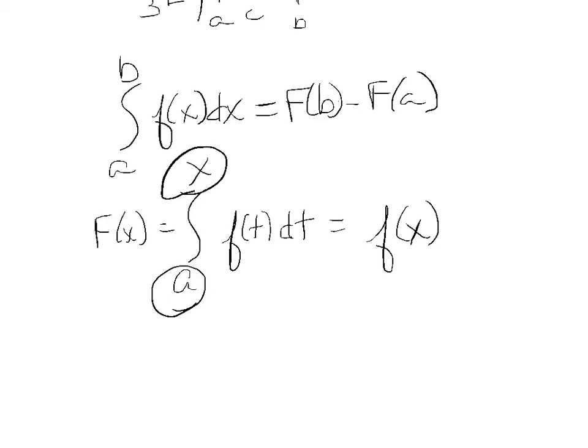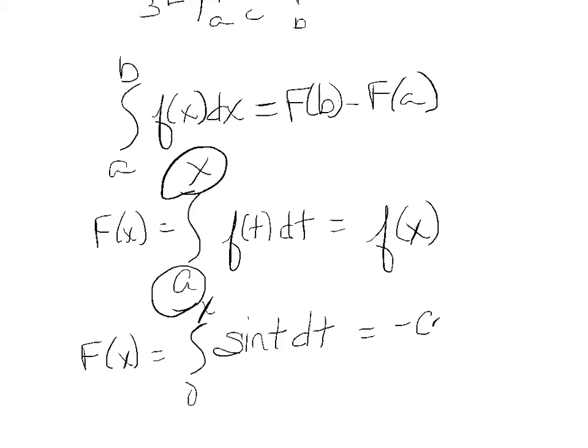Okay, let's look at an example. Let's say that f of x equals the integral going from 0 to x of the sine of t dt. Let's see what happens here. What do we get when we take the antiderivative?